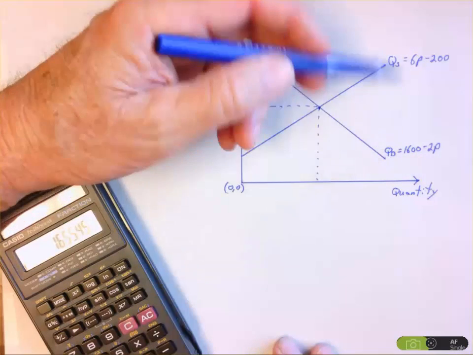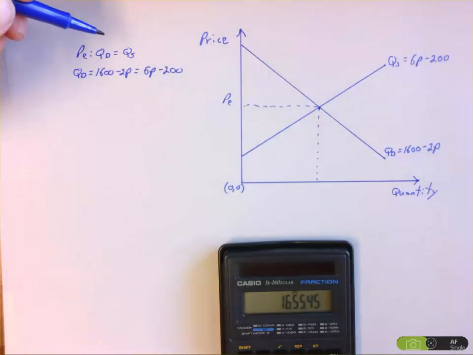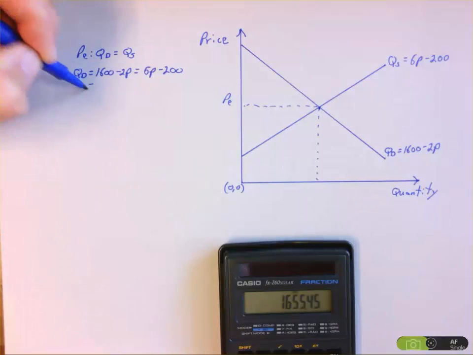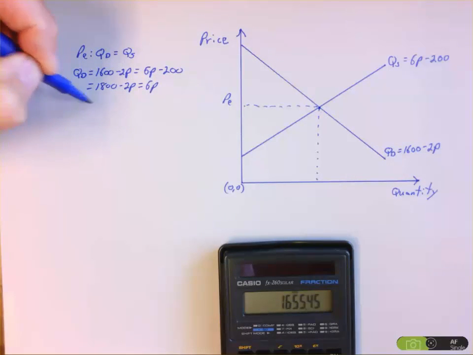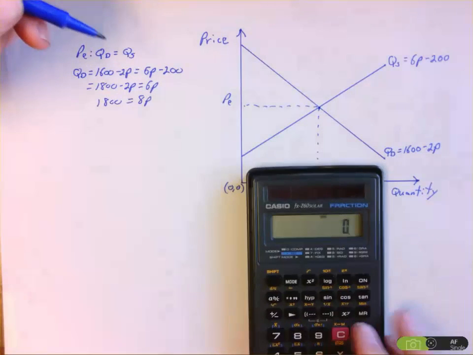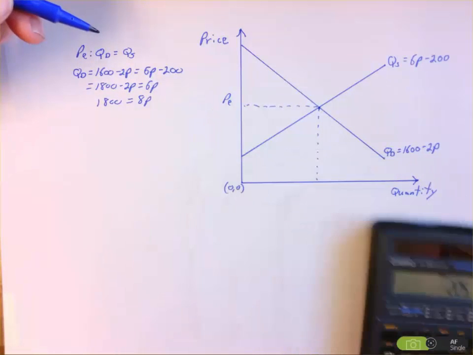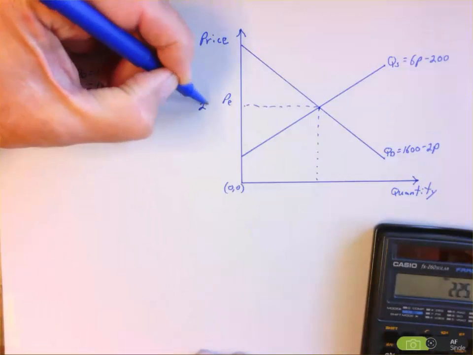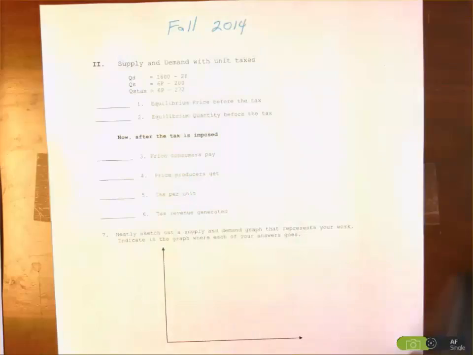The next thing to do is to add 200 to both sides, then add 2p to both sides, and then divide through by 8. So 1800 divided by 8, I get an equilibrium price of 225.